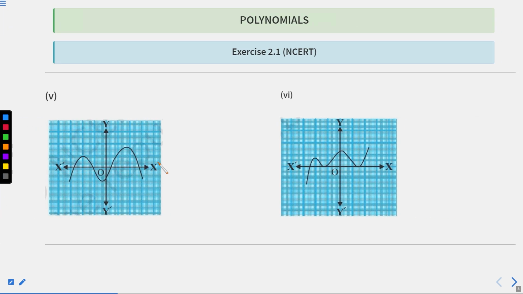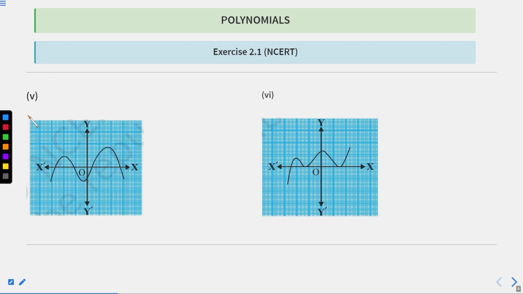Okay, and now if you see figure number 5, here you can observe that the graph y equal to p of x cuts the x-axis at this point, this point, this point, and this point. Okay, so at 4 points the graph cuts the x-axis. Here this is a, this is b, this is c, and this is d.